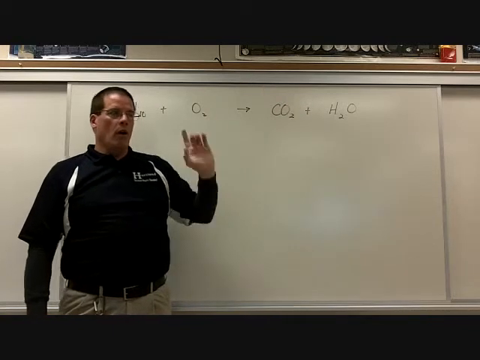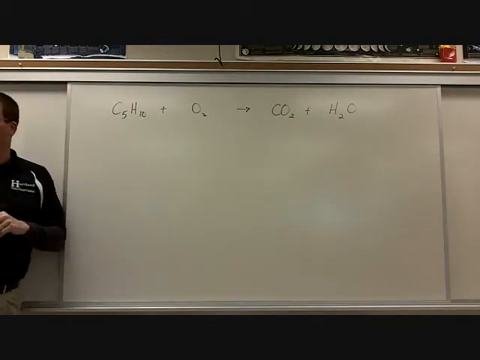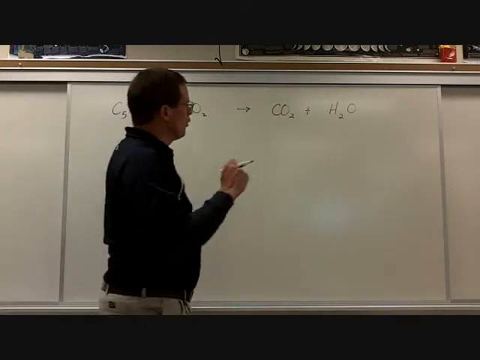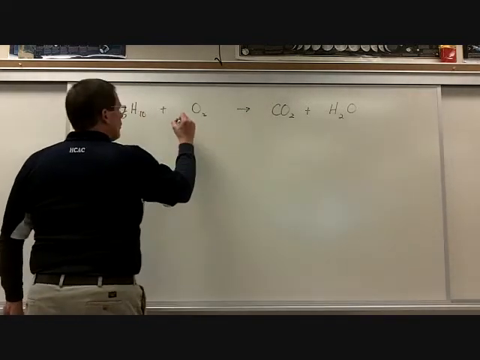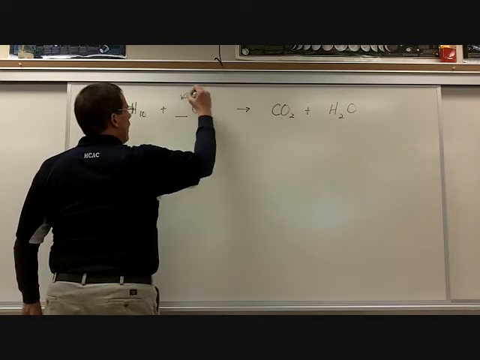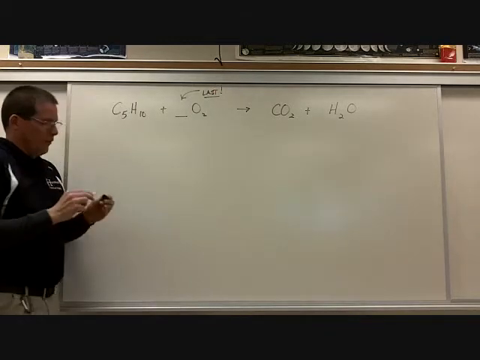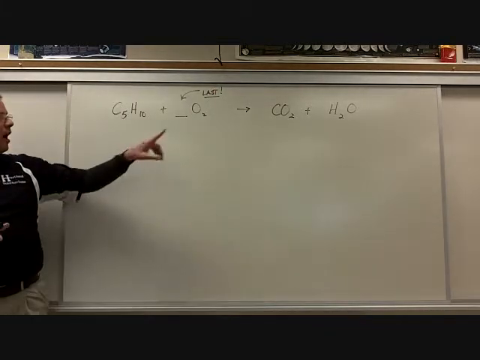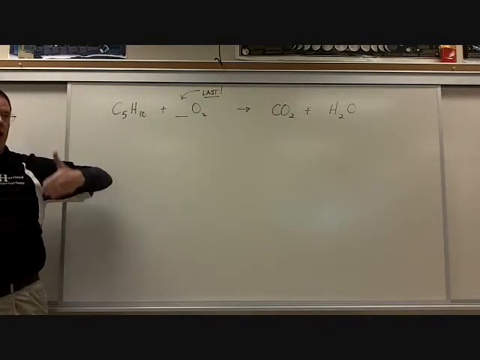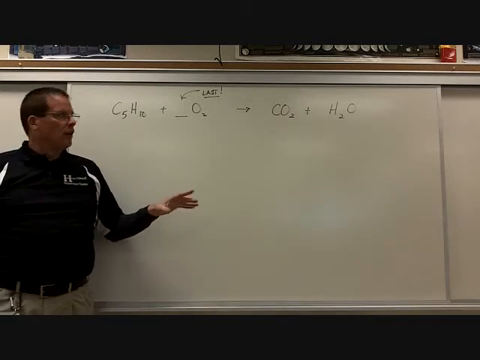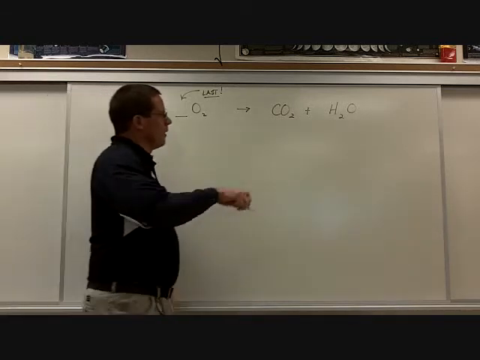However, there's 2 things that you may want to do to help eliminate that insanity. The first thing is, save balancing the oxygen for last. Don't even try to balance this until the very last step. Balance everybody else first, then worry about that last.